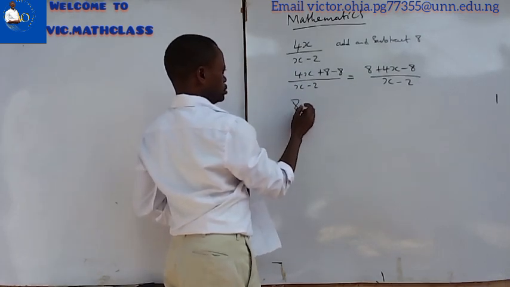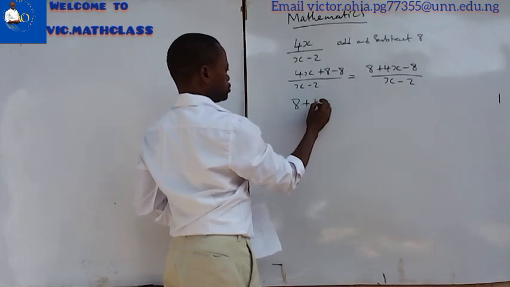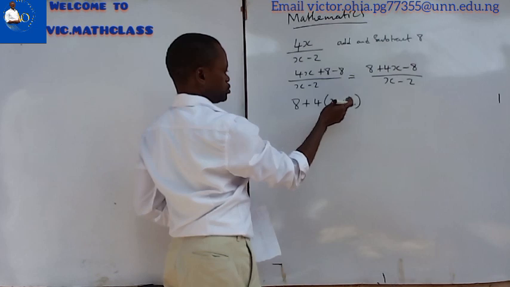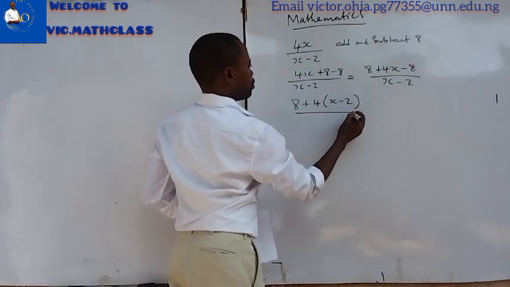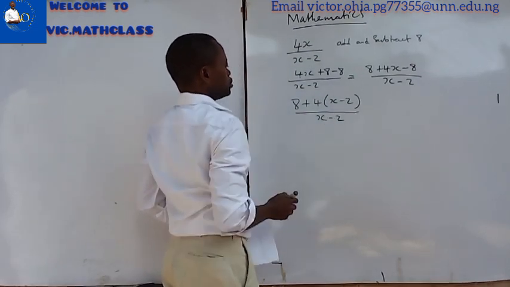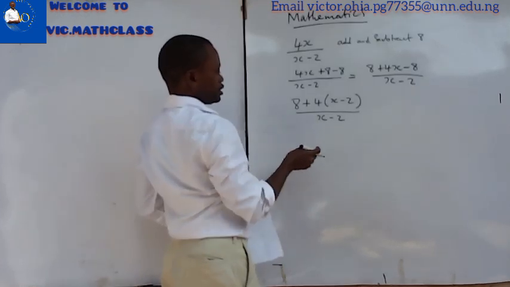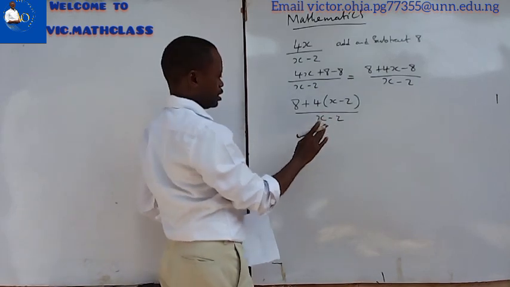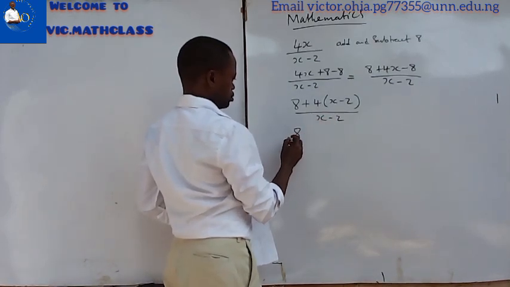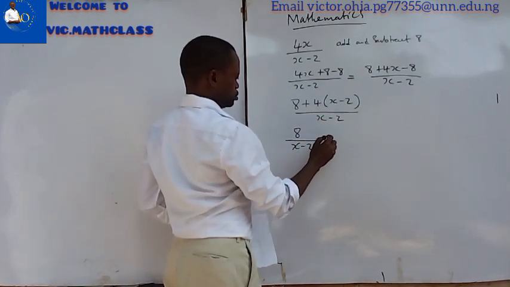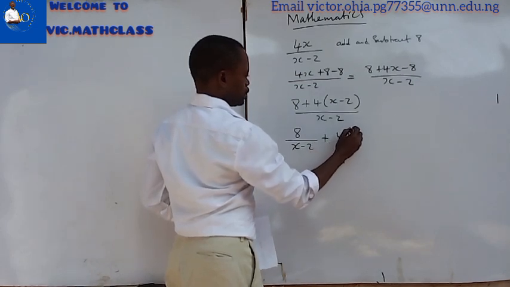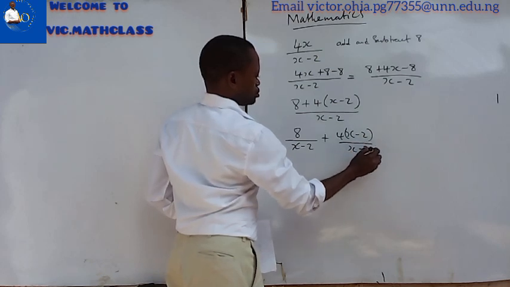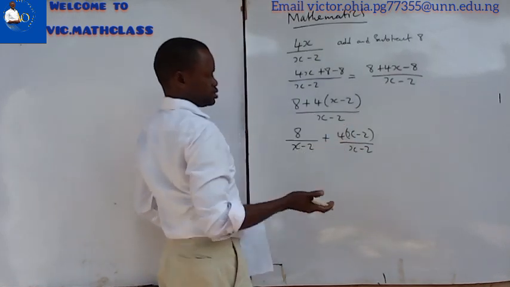So I have 8, plus 4 in bracket x minus 2, because if you open this bracket, you return back to this, all over x minus 2. So quickly, you can see that I can separate this now: 8 over x minus 2, plus 4 bracket x minus 2 over x minus 2. This expression is the same thing as this.